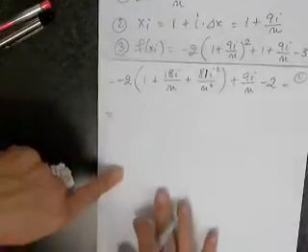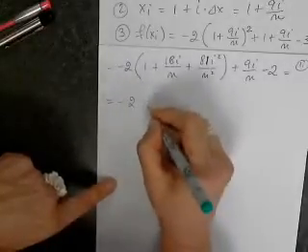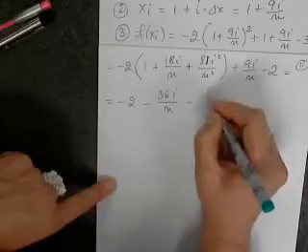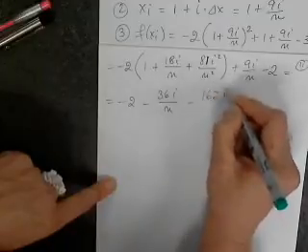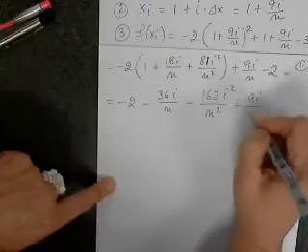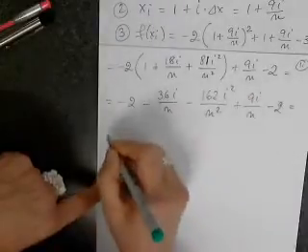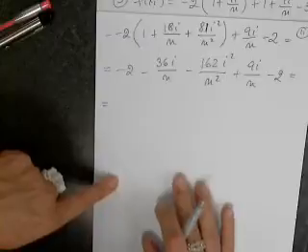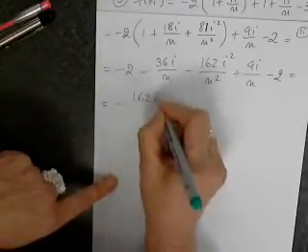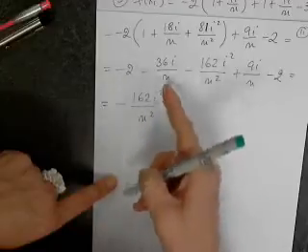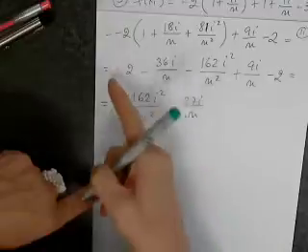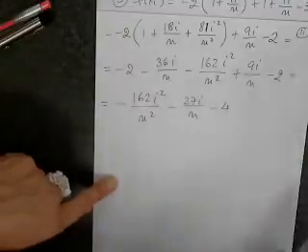Now I will distribute. Negative 2 minus 36i over n minus 162i squared over n squared plus 9i over n minus 2. In descending order now: negative 162i squared over n squared, minus 27i over n, minus 4.